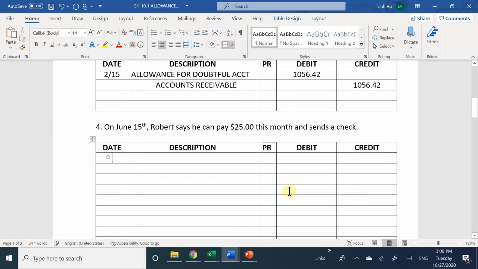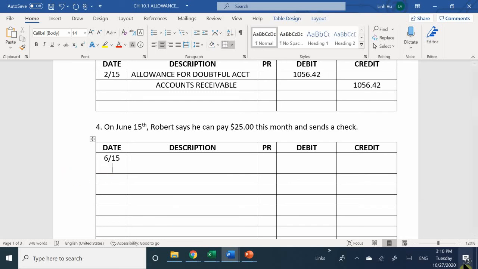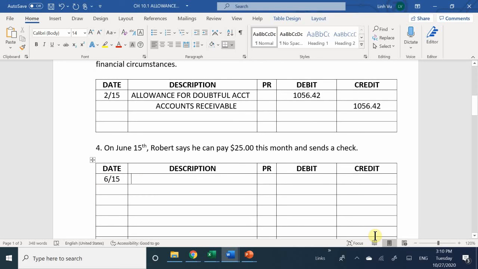So will it be back to accounts receivable on the debit side? For the additional $25 he's sending, where is the money that he owes us? It's in the allowance for doubtful accounts.